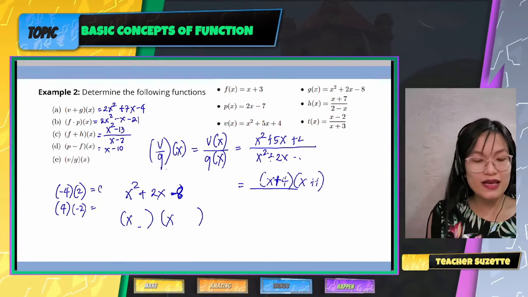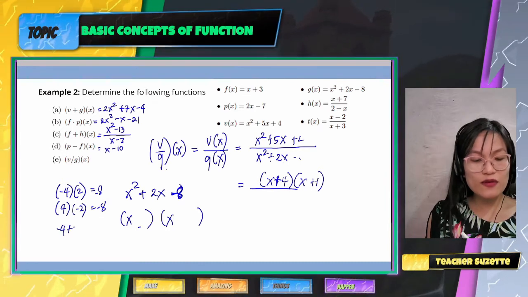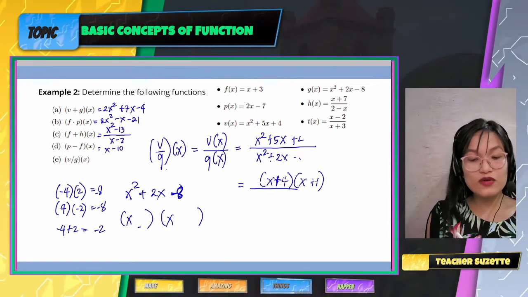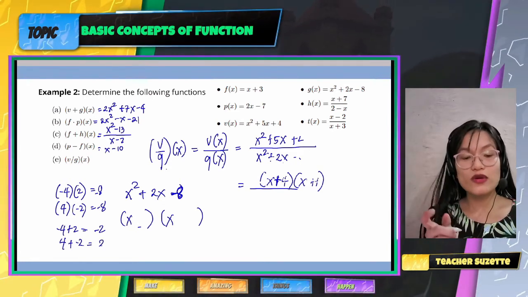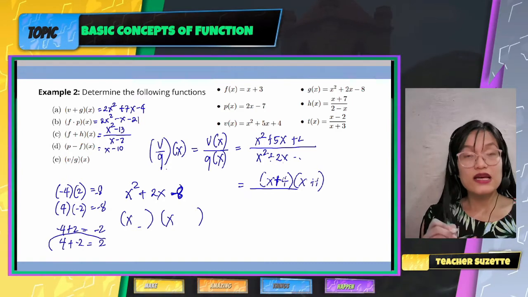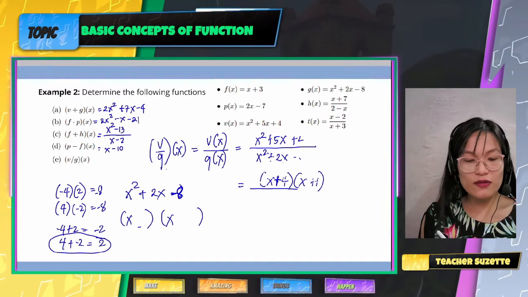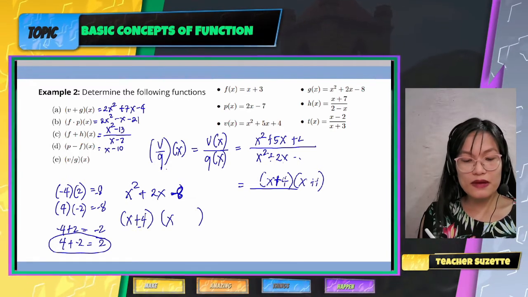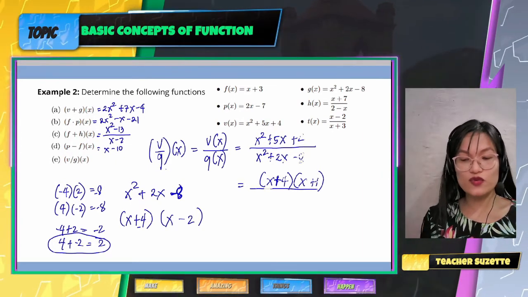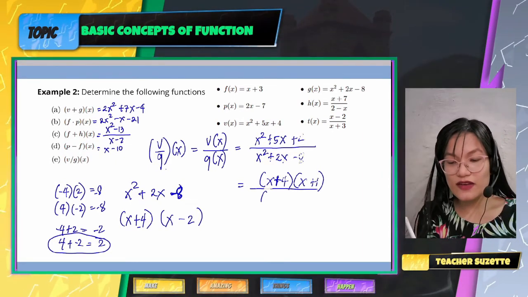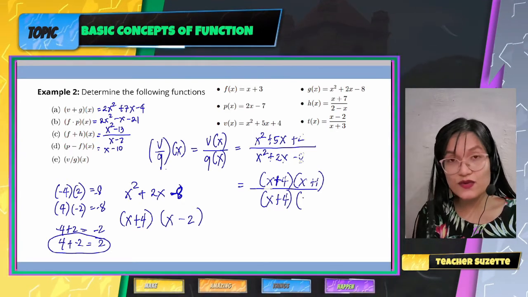However, when you add negative 4 plus 2, the answer is negative 2, while positive 4 plus negative 2 is equal to positive 2. So, we are looking for the sum equal to positive 2. And this is the appropriate factor. So, you will have the factors plus 4 and negative 2. Let us write it: x plus 4 all over x minus 2.